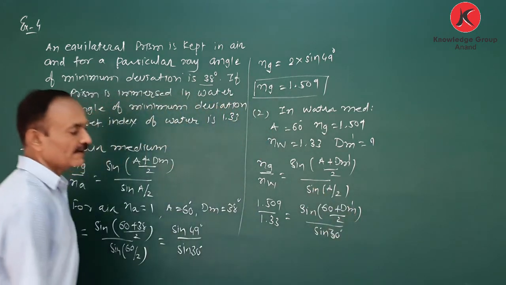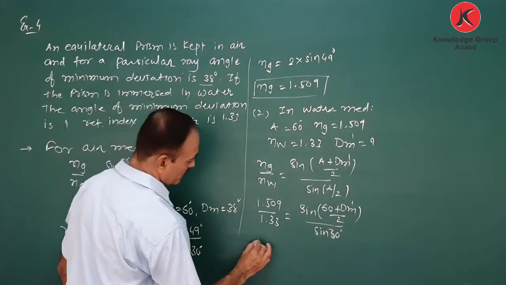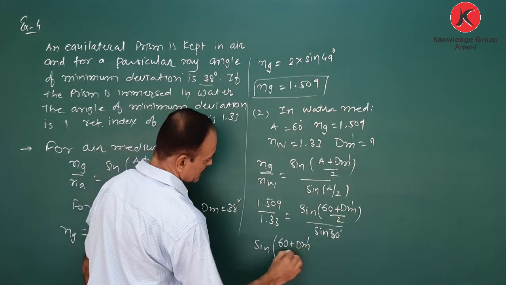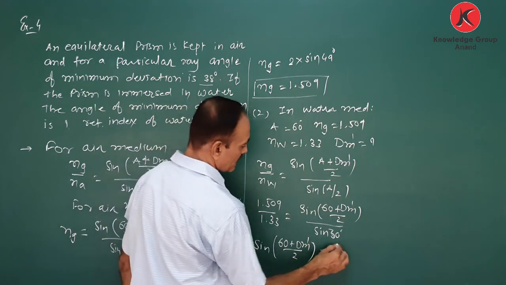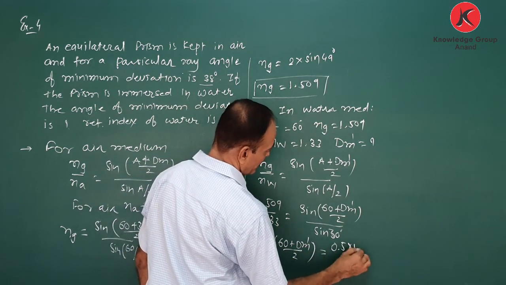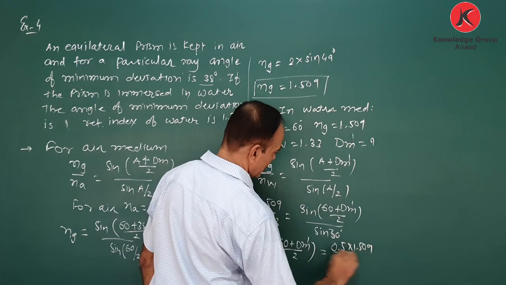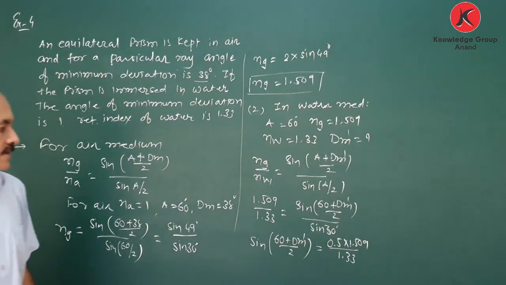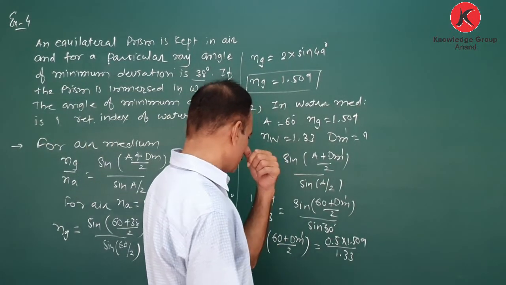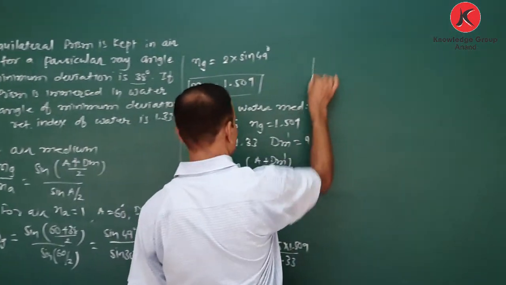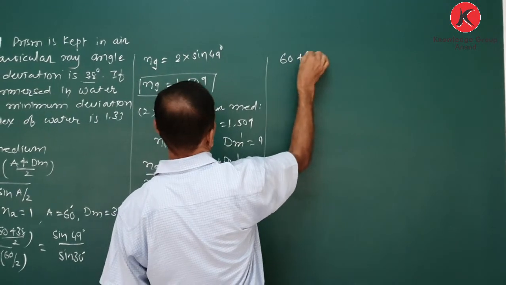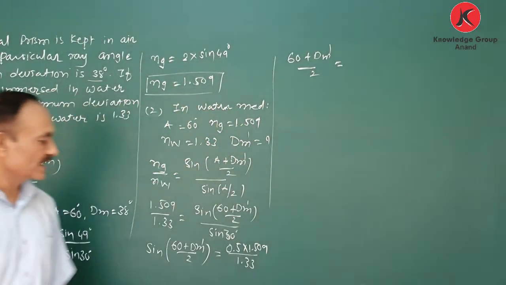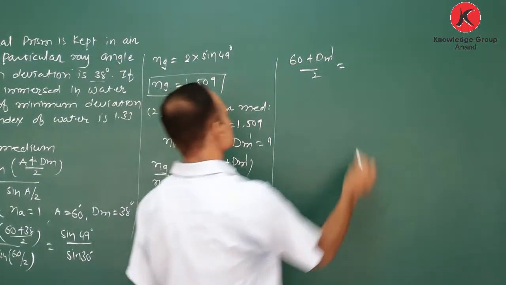Sin 30 is 0.5. Therefore, sin (60 plus dm dash) by 2 is equal to 0.5 into 1.509 upon 1.33. So thus we obtain the value: (60 plus dm dash) by 2 is equal to 34 degree 36 minute.